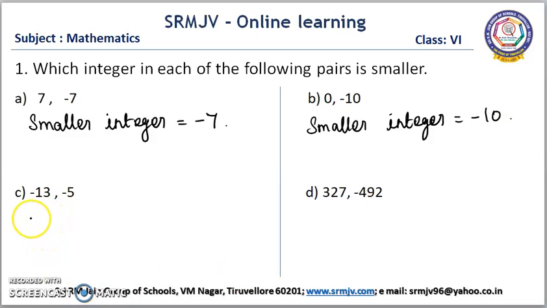The next one, minus 13, minus 5. In negative integers, the greater number has a smaller value and a smaller number has the greater value. So, minus 13 is the smaller integer. Smaller integer is minus 13.